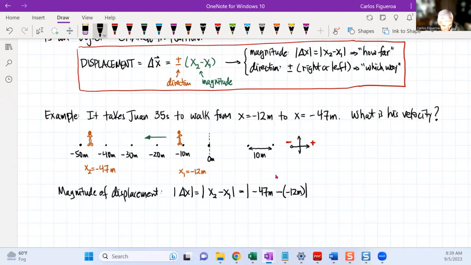When I subtract that, you can see it's going to be the absolute value of negative 35 meters. So what this really tells us is that he walked a total distance of 35 meters.